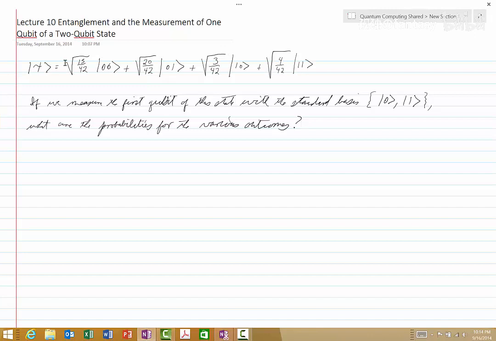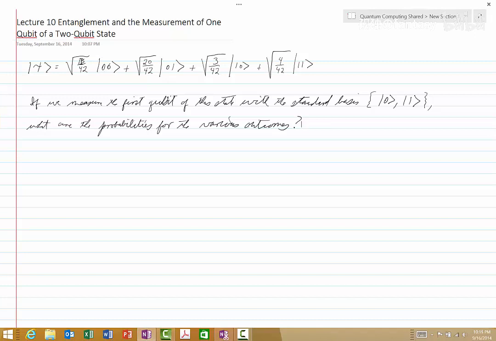And when we take the inner product of this with itself, we just come up with this squared plus this squared plus this squared plus this squared. So we would get 15 over 42 plus 20 over 42, which makes 35 over 42, plus 3 over 42 is 38 over 42, and then 4 over 42 gives us 1. So indeed, this has a magnitude of 1, and this is an acceptable state.